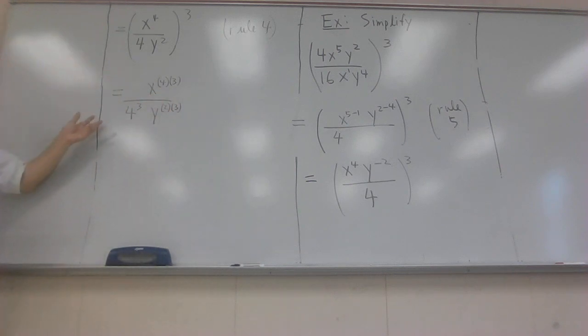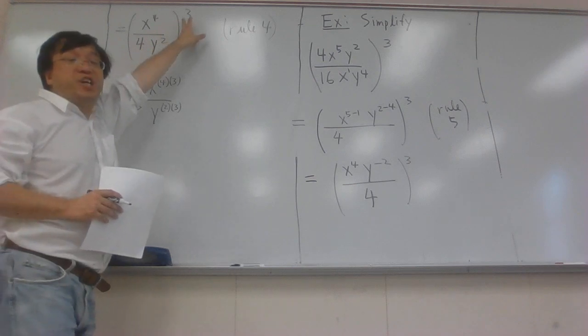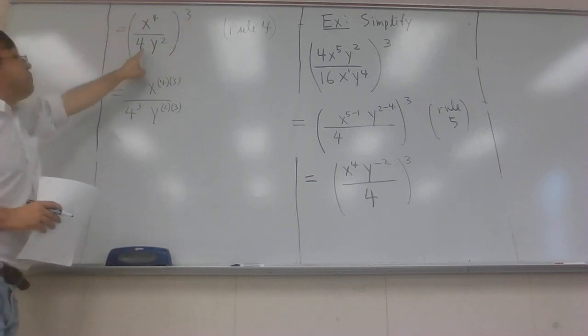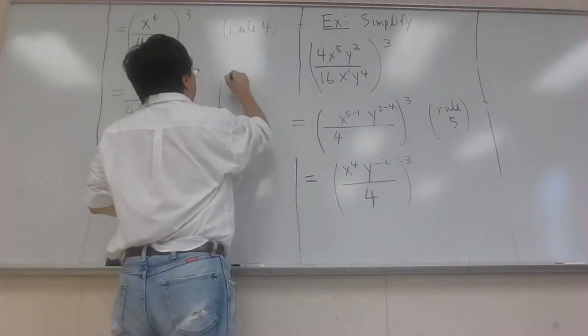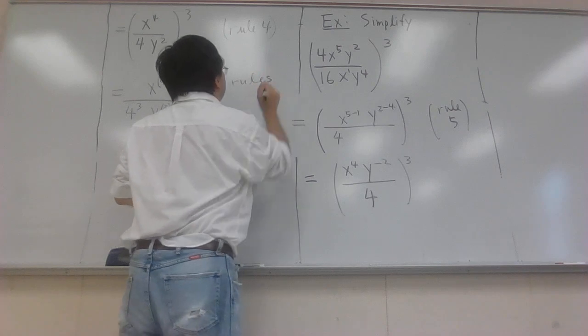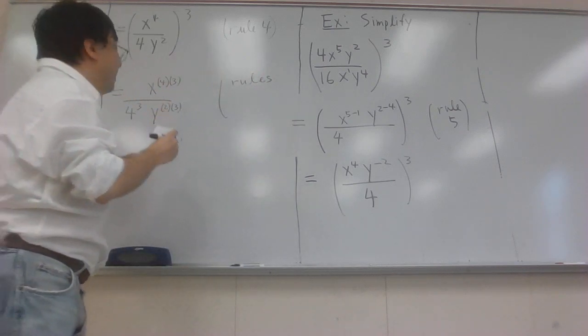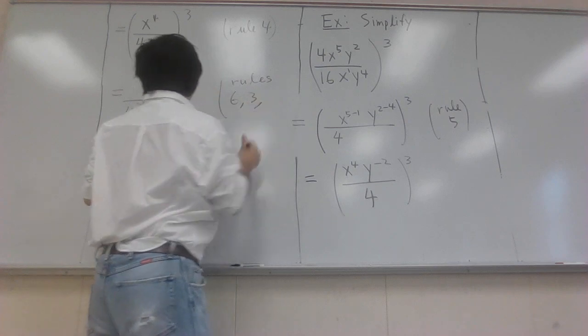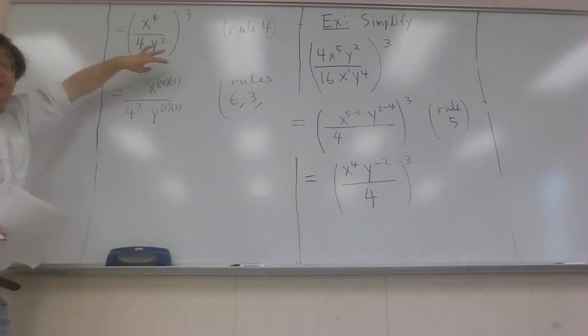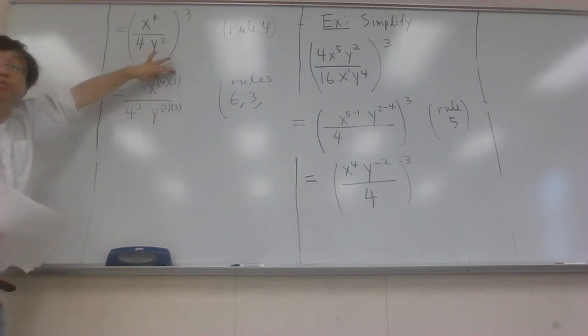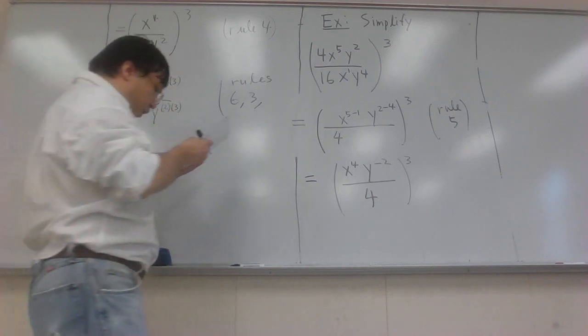So we used rule 6, rule 3, and we also used the rule that repeated exponentiation is the same as multiplying the powers together, which is rule 2.